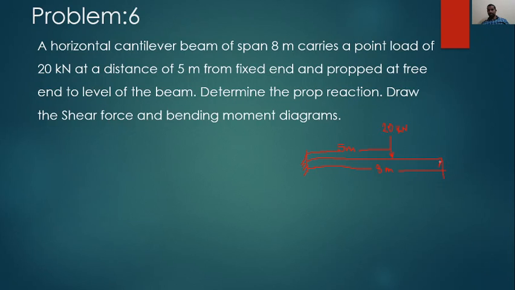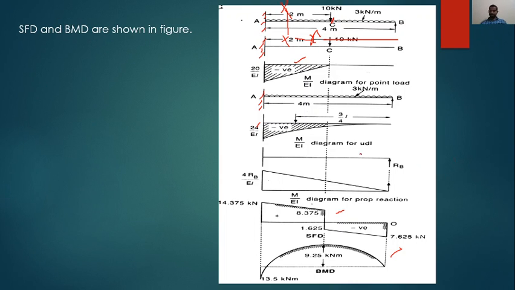It has a prop at the free end. Now let us say this is A, this is B, and at the point load it is C. This was the question.